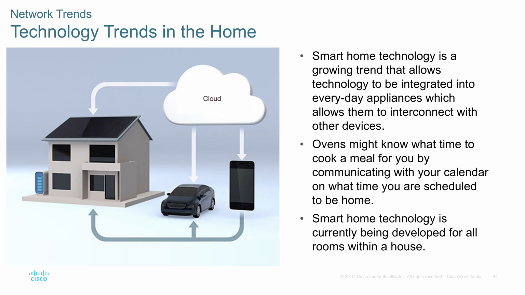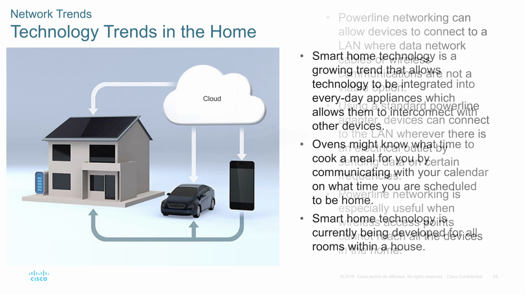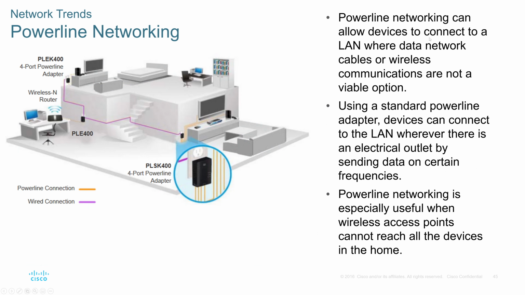The next thing we're going to discuss is power line networking. Power line networking has been here for a long time, I would say longer than the smart home technologies that we see today. It allows devices to connect to a LAN where data network cables or wireless communications are not a viable option.